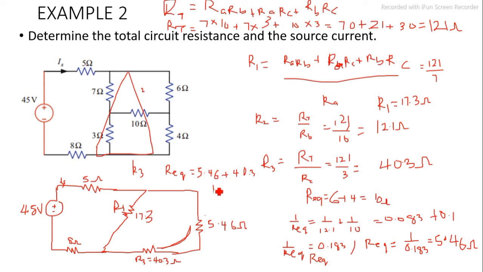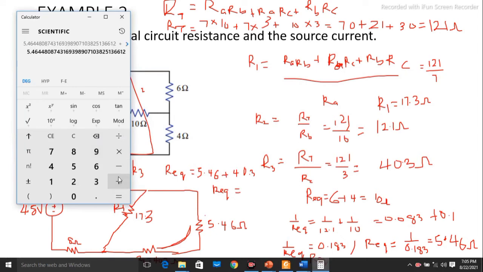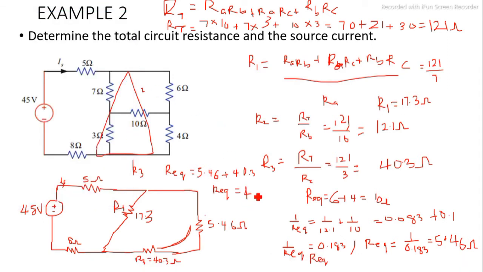So the R equivalent will be 5.46 plus 40.3, that's 45.76 ohm.